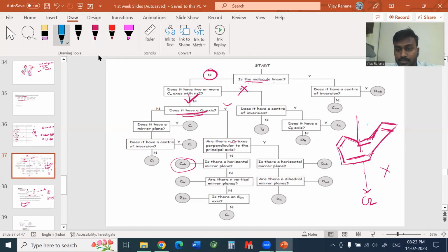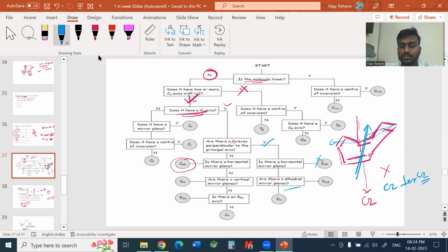The axis passes through this one, and here also. So the perpendicular C2 axes are also present. So this molecule has perpendicular C2s, but it doesn't have any horizontal plane, right?